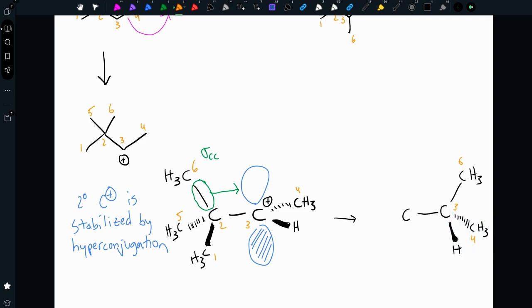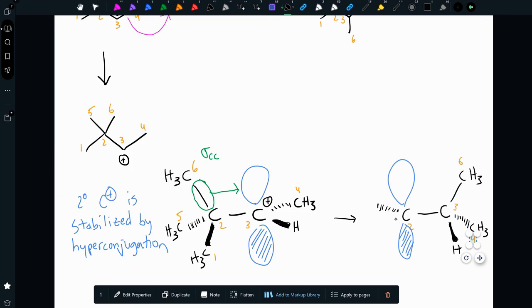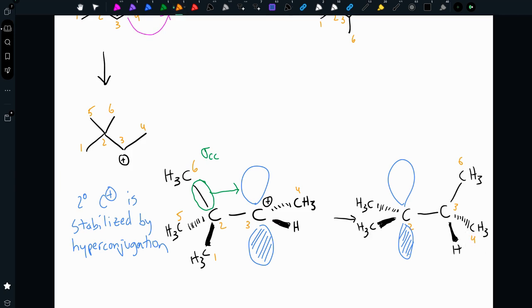Carbon 2 now is going to be the one left with an incomplete octet. Where this is now 1 and this is 5. So that would be what we call hyperconjugation taken all the way to the extreme, where we're donating the electrons completely.